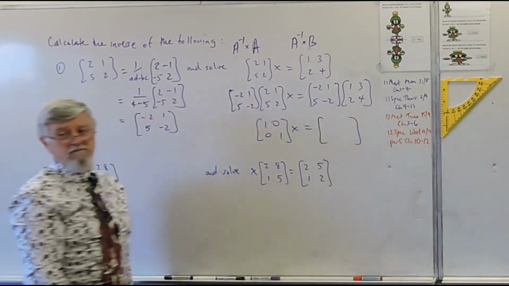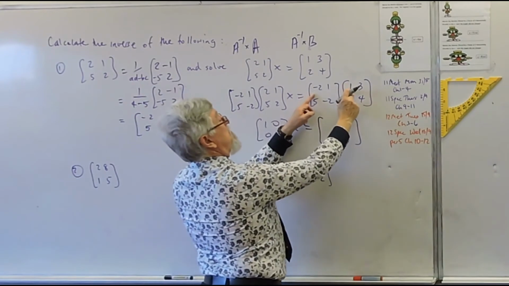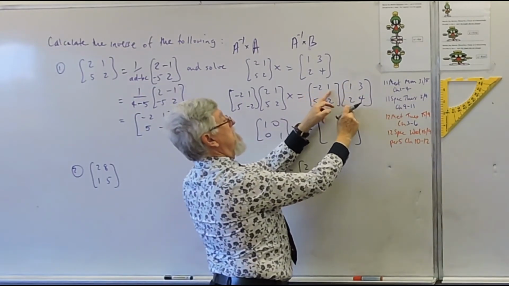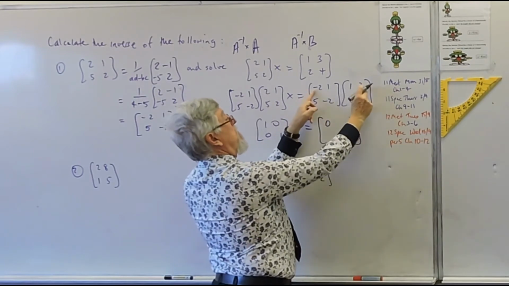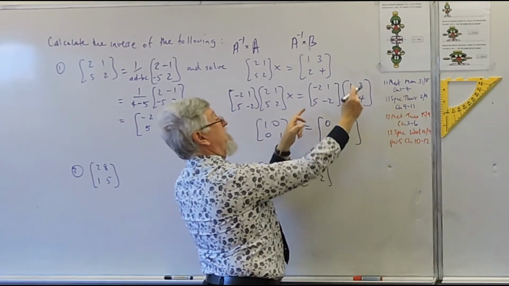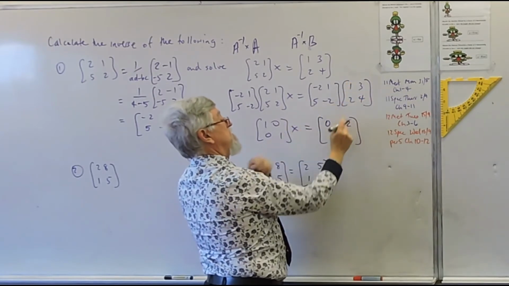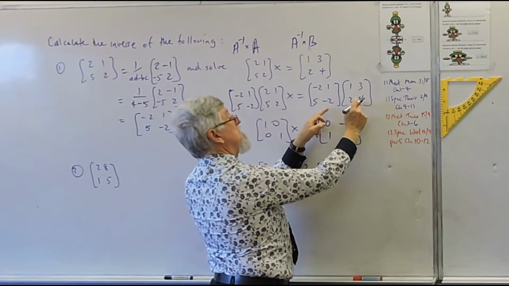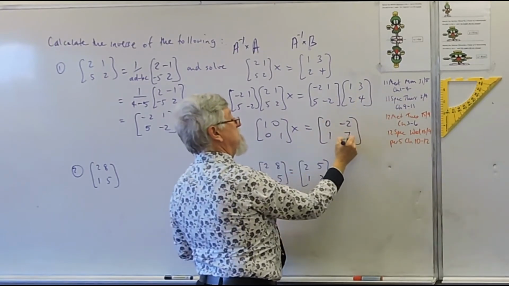Answer is minus 2 plus 2, 5, 2 plus 3, 0. Minus 6 plus 4, minus 2. 5 minus 4, 1. 15 minus 8, 7.